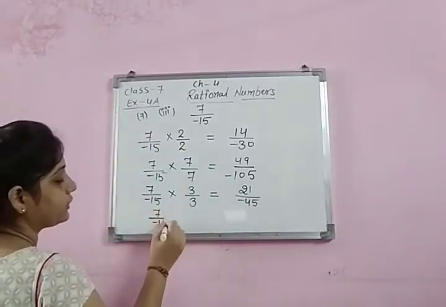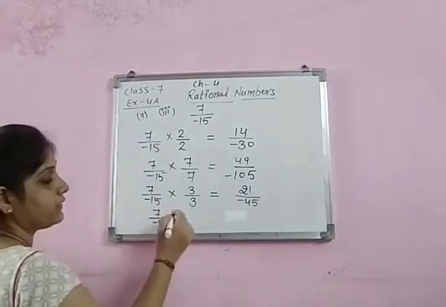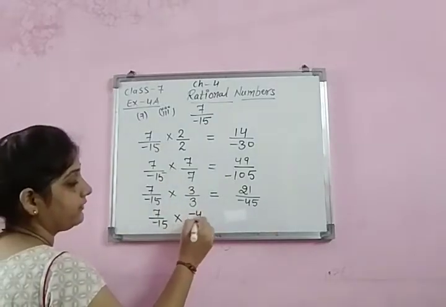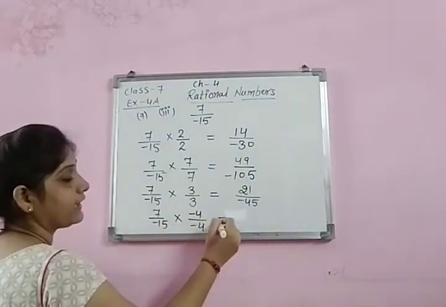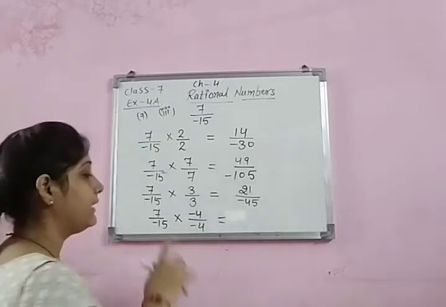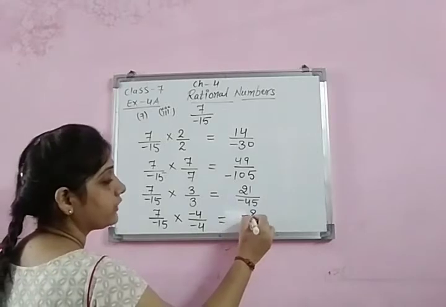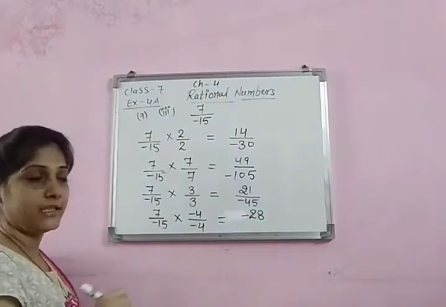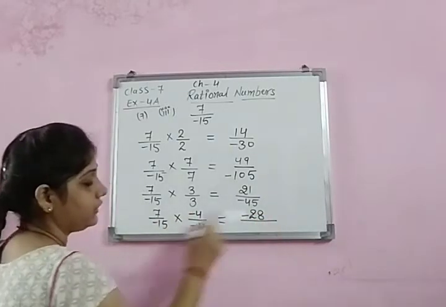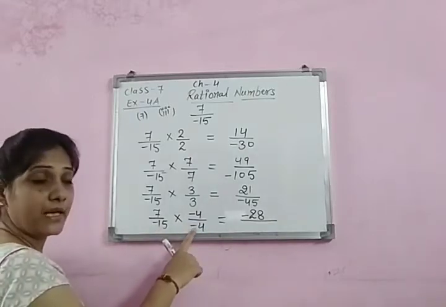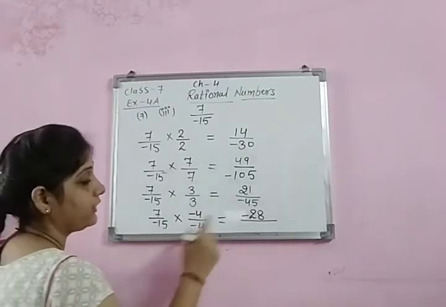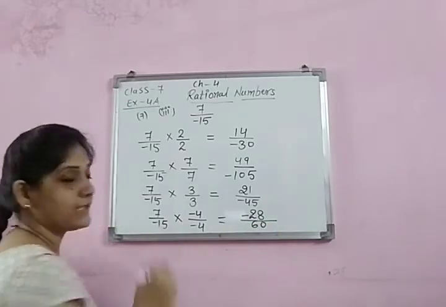This is the rational number given to us, and I am taking negative 4. So I have to take negative 4 in the denominator as well. Now 7 you multiply with minus 4, so it will give me negative 28. And in the denominator minus becomes plus, so 15 4s are 60.